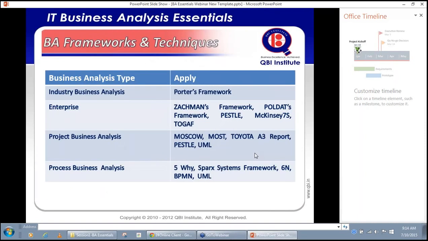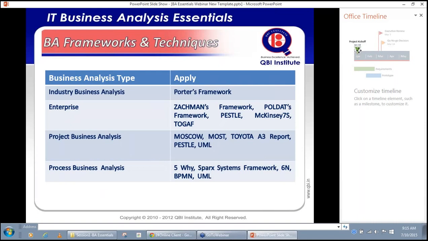So here comes the list of some of the techniques which you apply at various levels. And this is what differentiates a trained business analyst from untrained ones. For industry business analysis, you can apply techniques like Porter's framework.